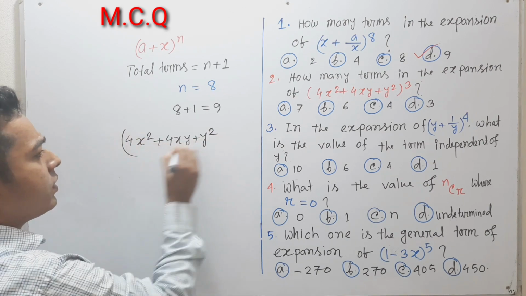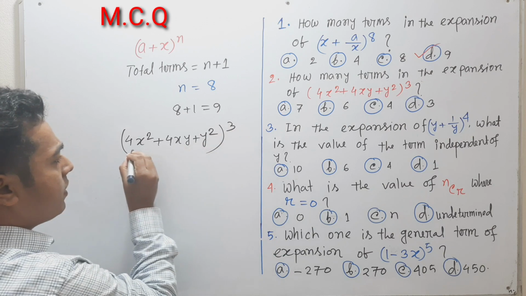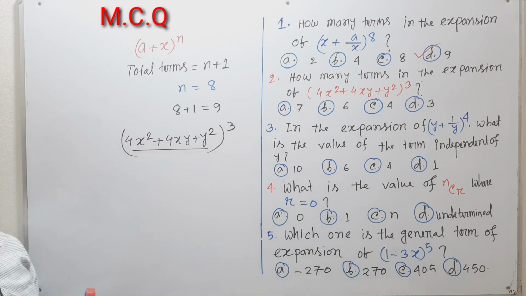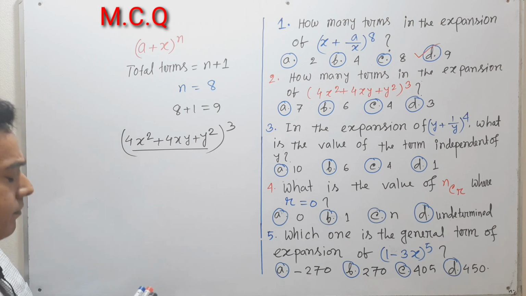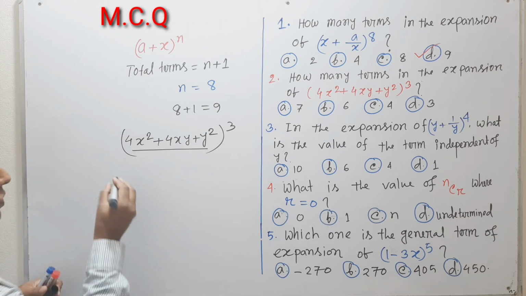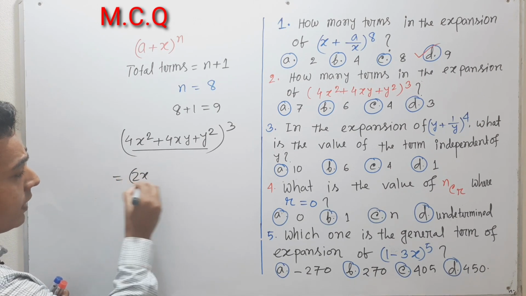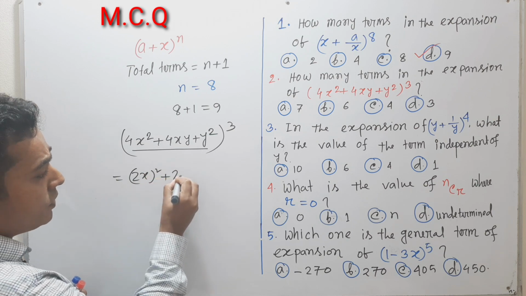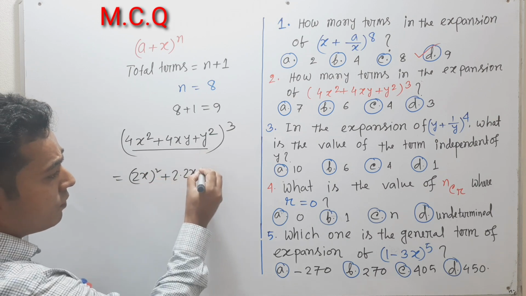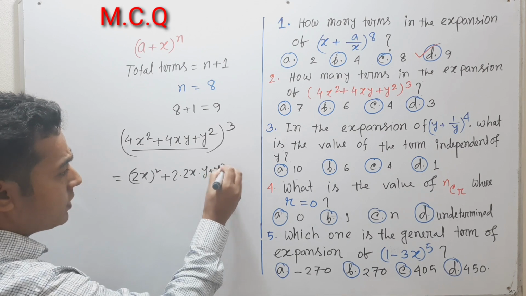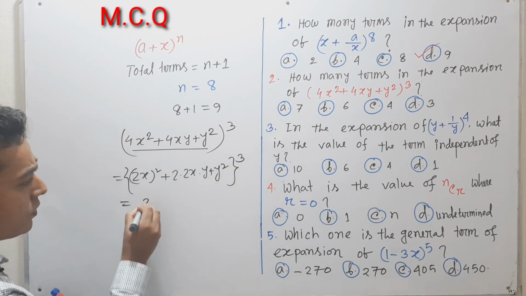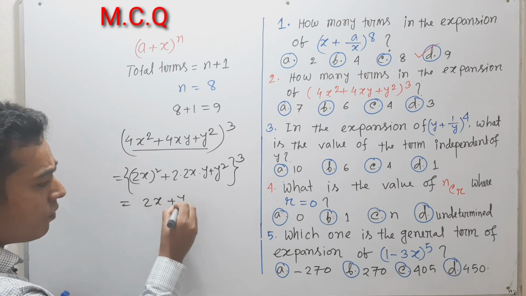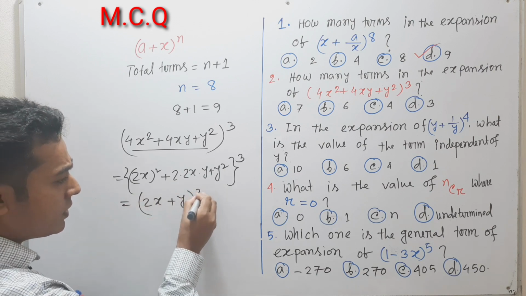Here, according to a square plus 2ab plus b square, we can write (2x) whole square plus 2 into a, 2x into b, y, plus y square. So (2x plus y) whole square and power is 3.